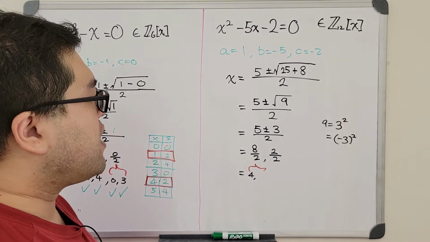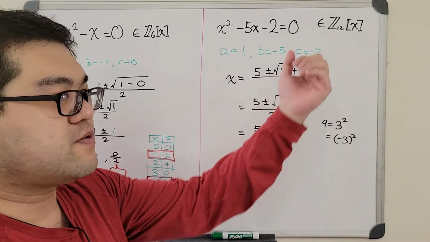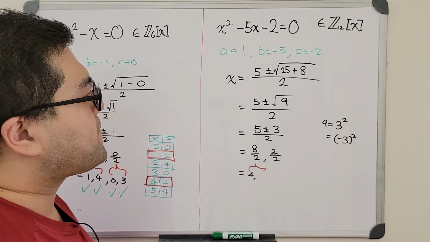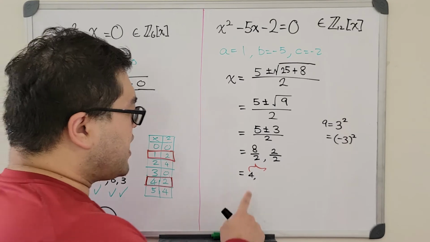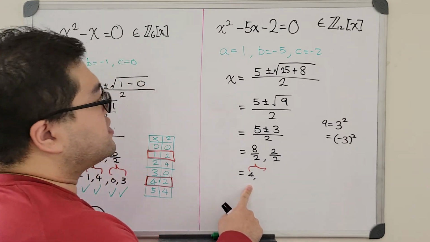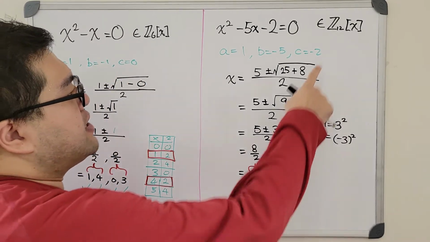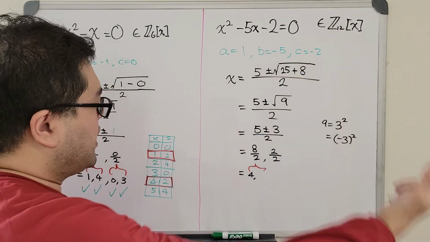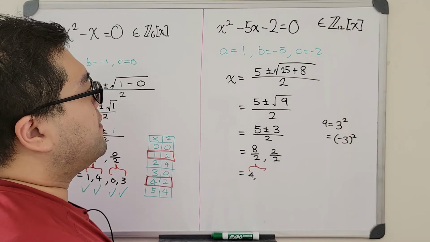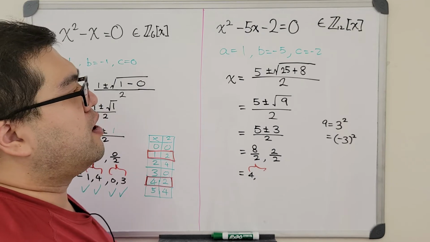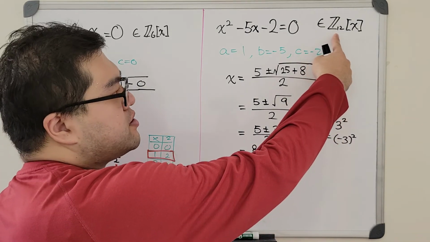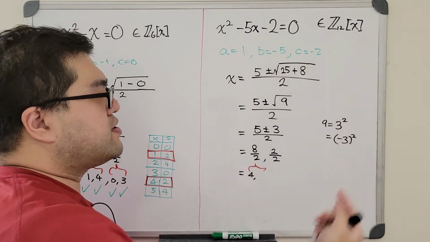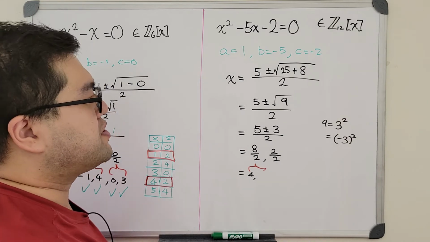And now if we consider this ring, which is Z12, then another way of thinking about it is we can just add half of this number. That's because half of this number here is 6, and 6 times 2 gives us 12, but that's just going to give us 0.